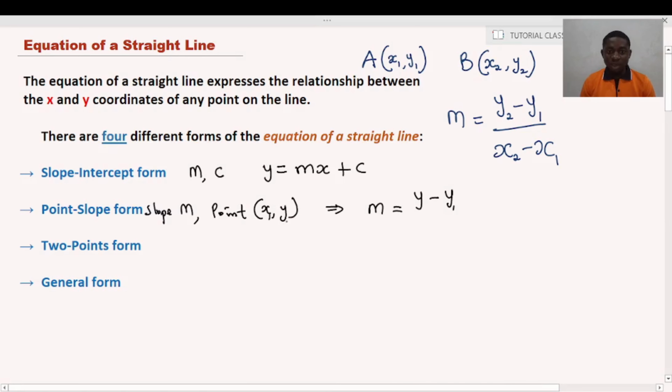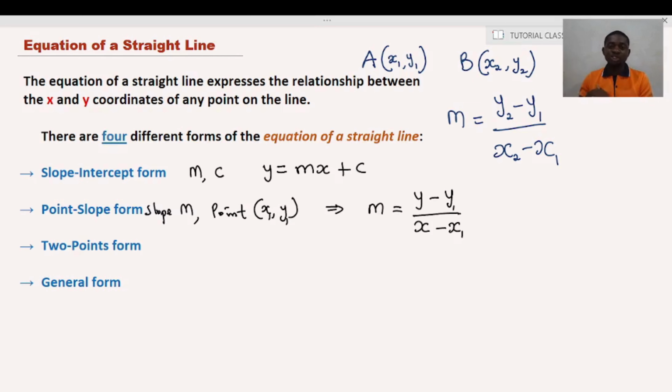So when you are given the slope and the point through which the line is passing, you can determine the equation of the line by applying this formula.